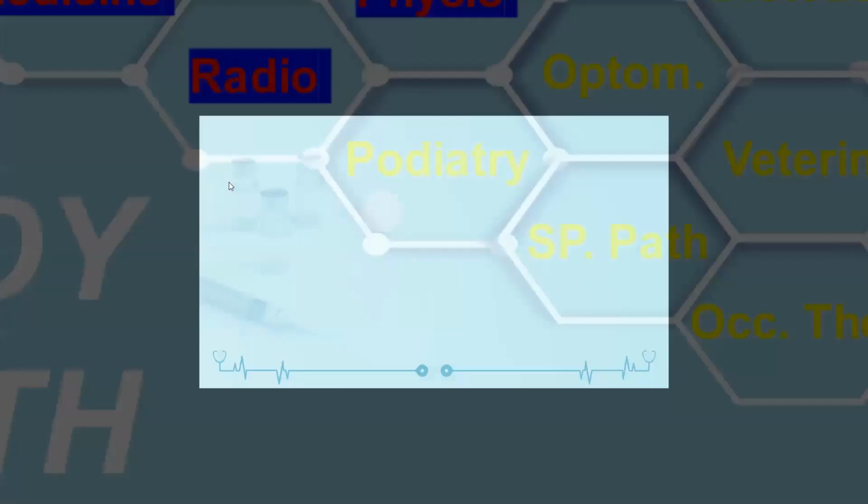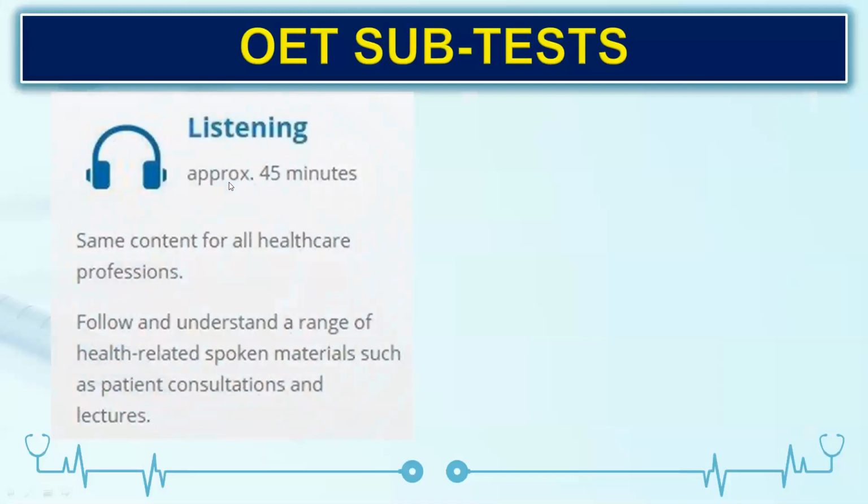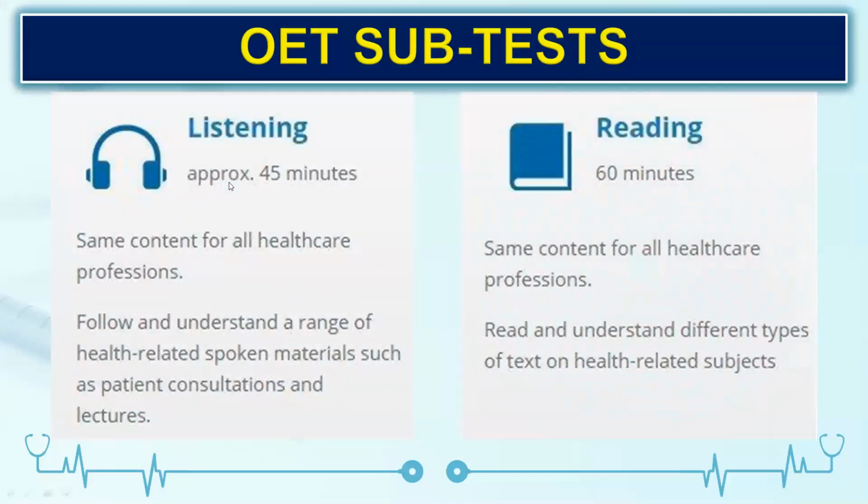Let's get started with the content of the OET subtests. The OET consists of 4 subtests. The first one is the listening subtest, and the second one is the reading subtest.